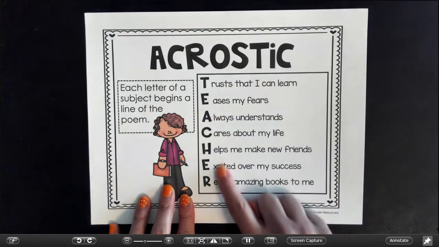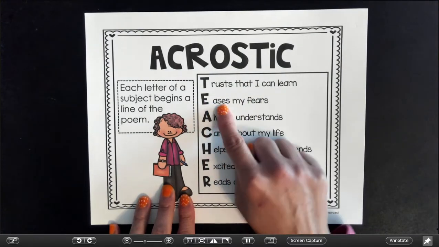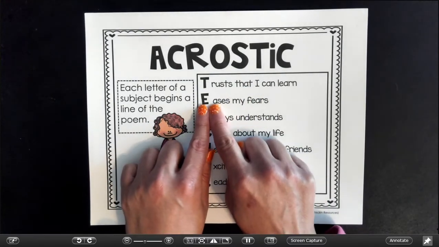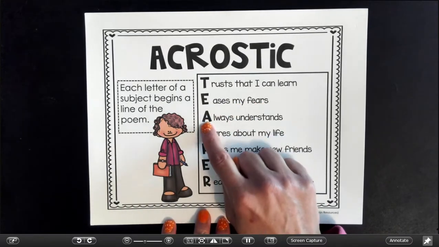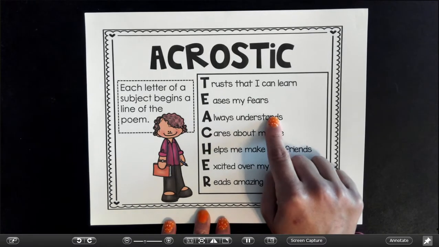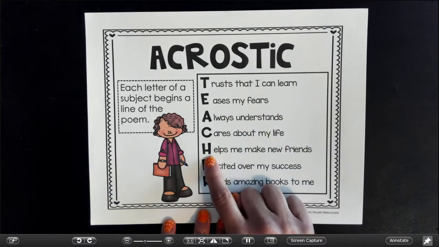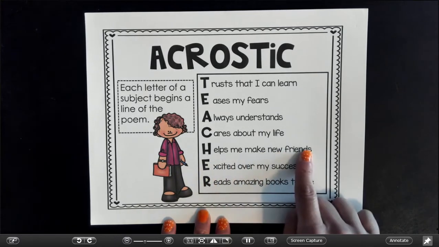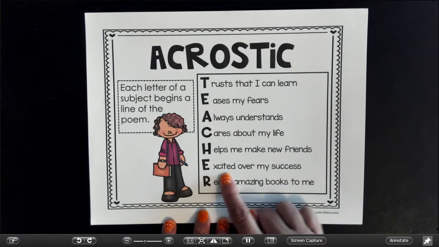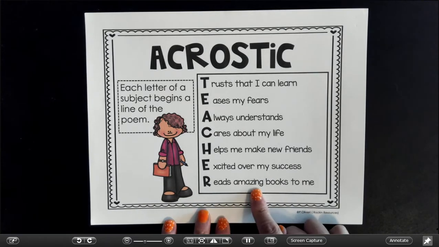So teacher: T trusts that I can learn, E eases my fears, A always understands, C cares about my life, H helps me make new friends, E excited over my success, and R reads amazing books to me.